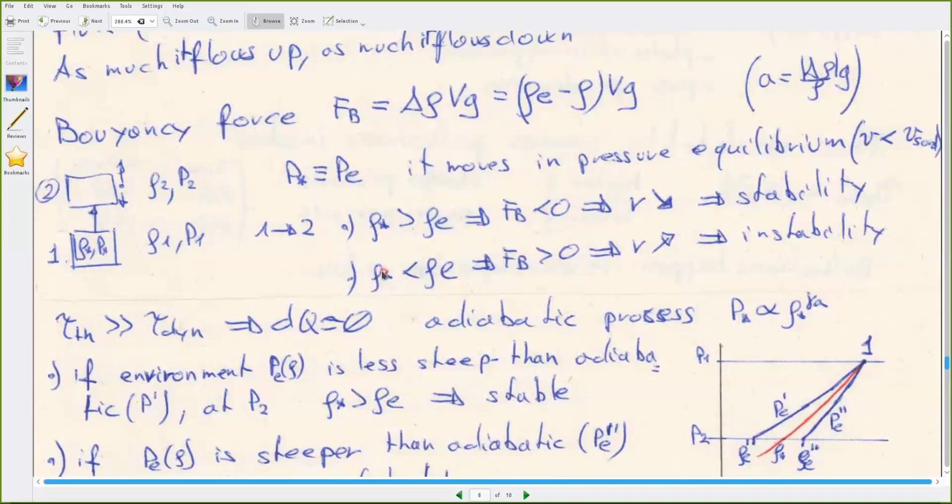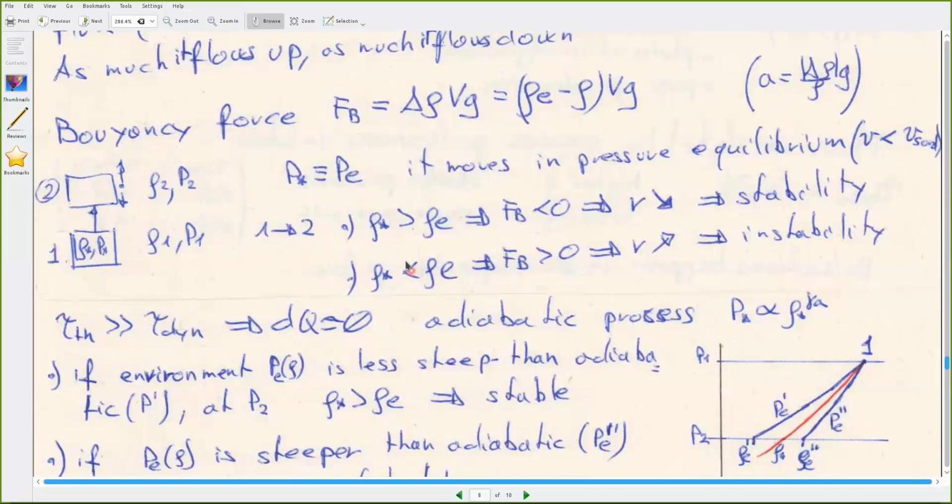If instead the density of the object is less than the environment, then due to the increase of temperature the density will decrease and it will start to move. After a certain distance, since the pressure is equal, the density will decrease, but we check if it decreases more or less than outside.